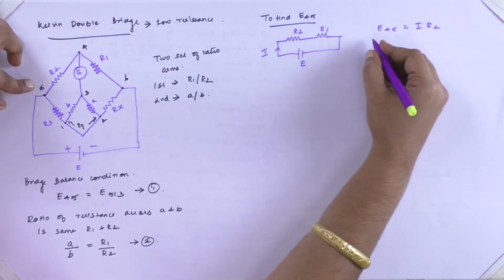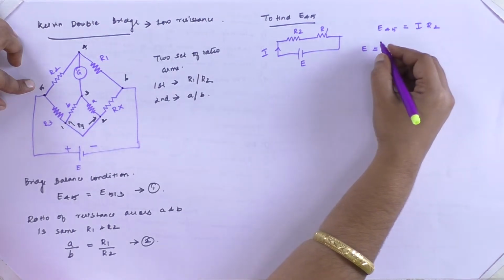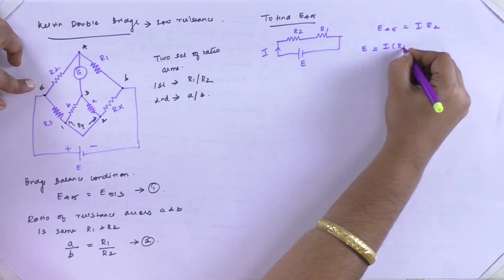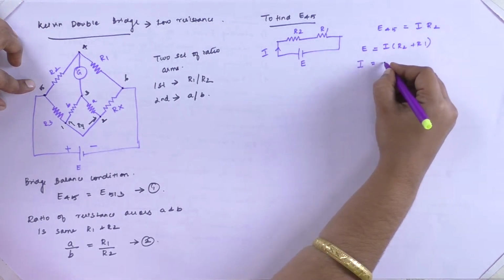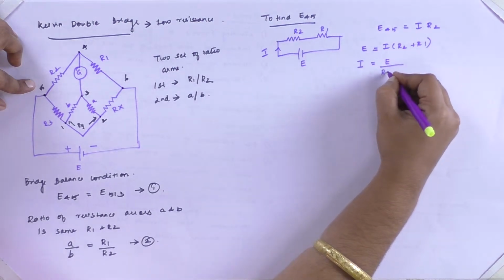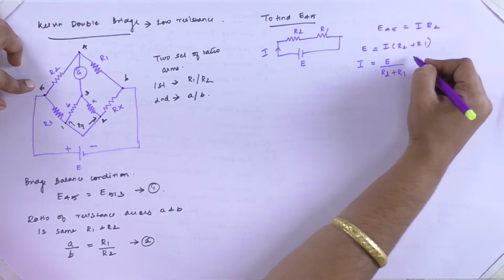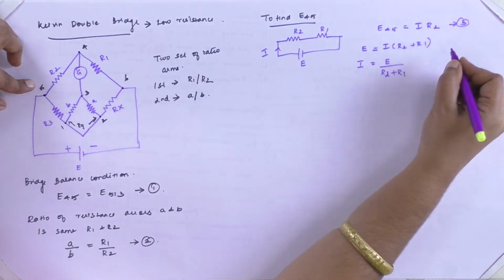From this circuit, let me find the value of E. Here V is equal to I into R, so E is equal to I into (R2 plus R1). From this, I is equal to E divided by (R2 plus R1). Let me take this as equation number 3.